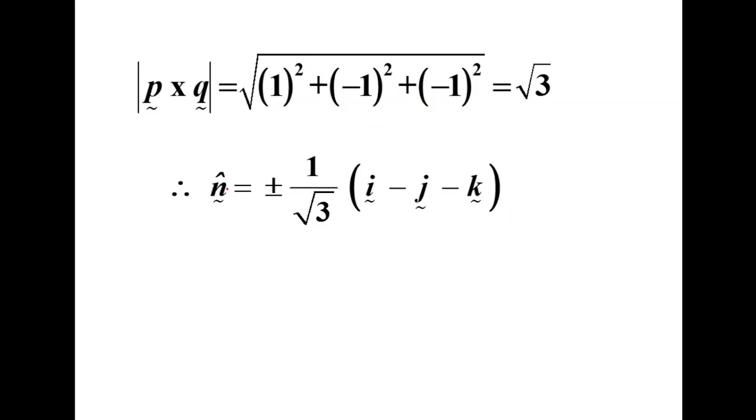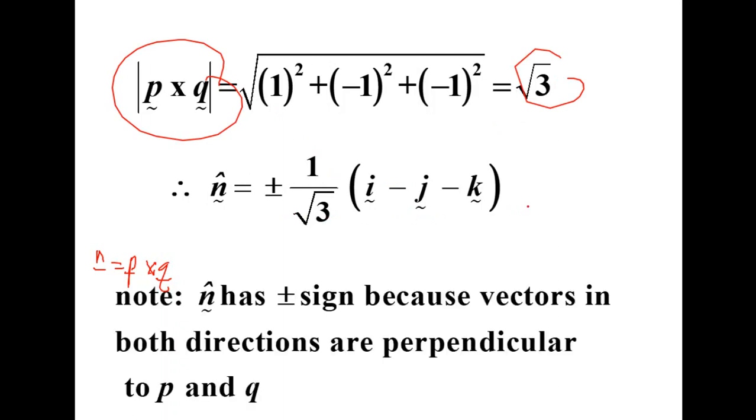So the unit vector n is equal to the result from the cross product, i minus j minus k, over the modulus. Vector n has a plus or minus sign because vectors in both directions are perpendicular to P and Q.